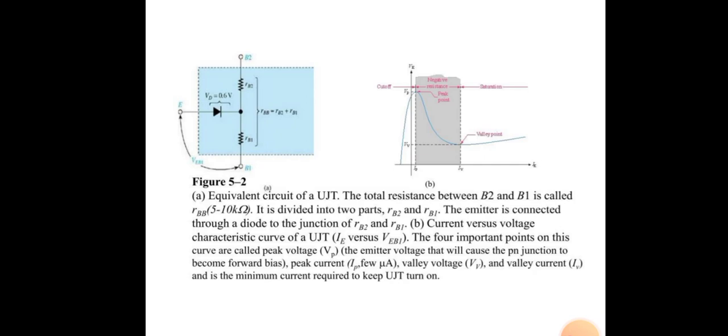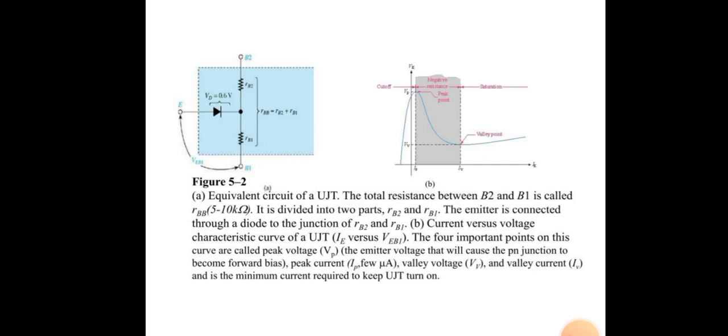The value of VP is given by the following equation. VP is equal to eta into VB2B1 plus 0.6 volt. Here eta is called the standoff ratio. The value of eta is typically in the range of 0.5 to 0.8. It represents the ratio of RB1 to RBB with no current.